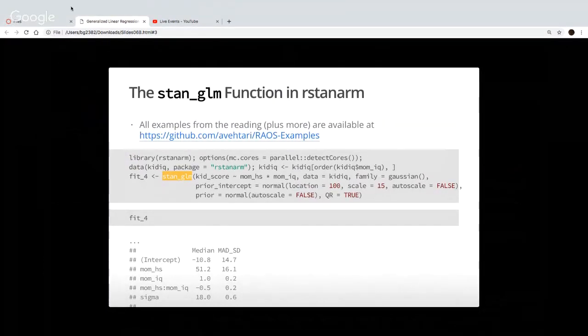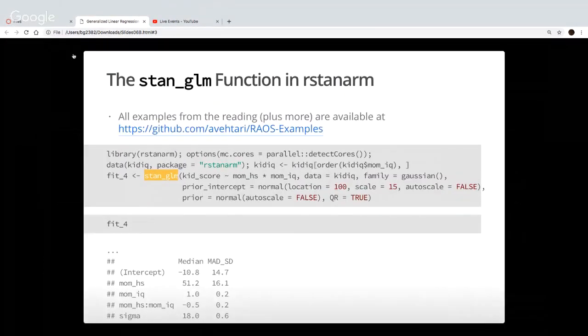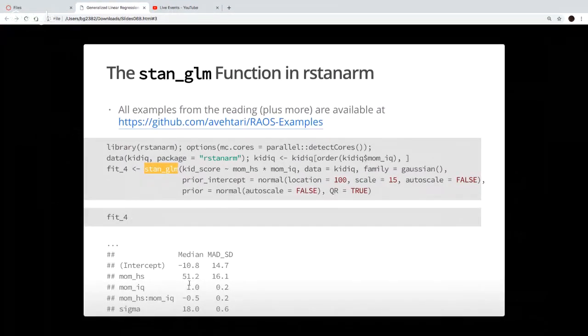So we estimate this thing, then we print it out, and then we get the posterior median, posterior standard deviation, a robust estimate of the posterior standard deviation for each of these margins. Now, I said before that when Stan or rstanarm estimates one of these models, it centers the predictors.